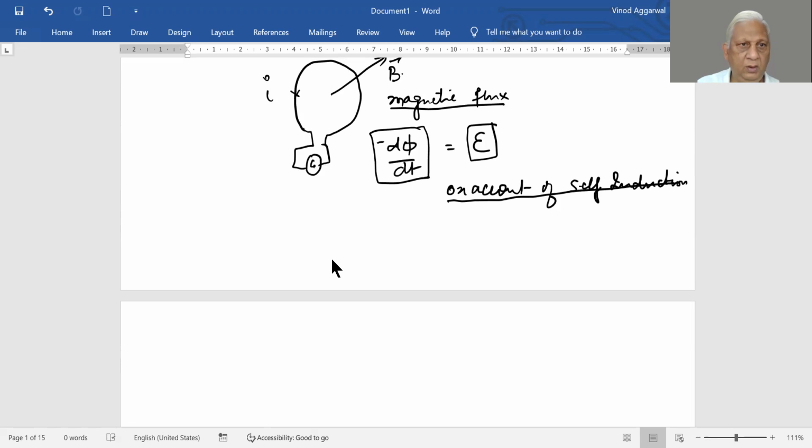Now, let's define some terms. Y is equal to Li.